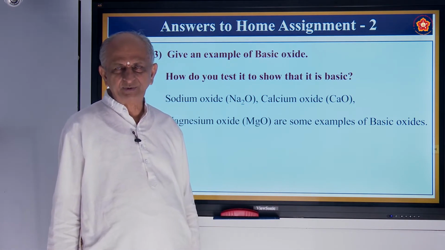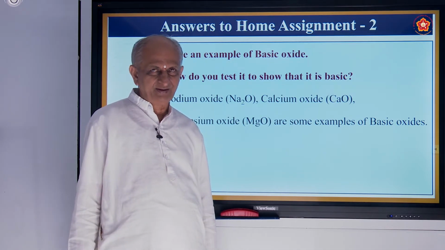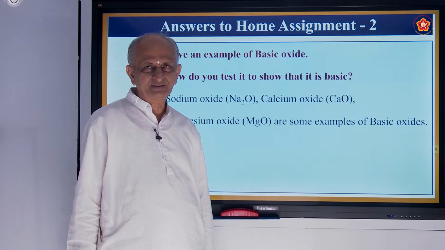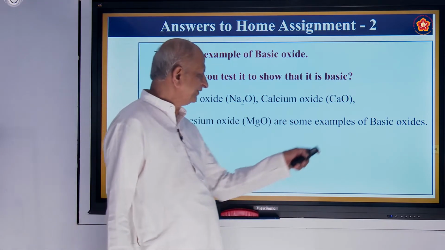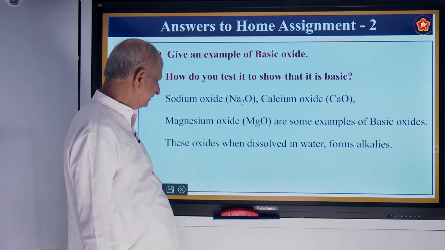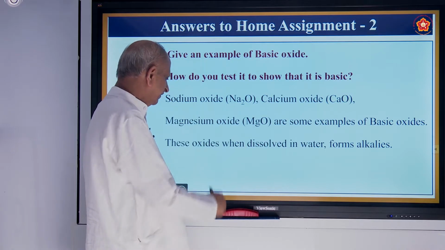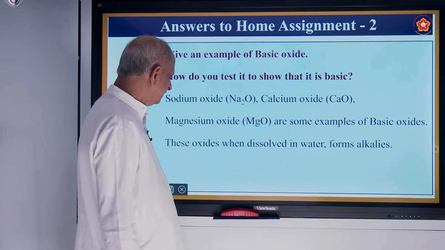When non-metals react with oxygen, they form acidic oxides. Why are they called acidic? Because when they dissolve in water, they form acids. Similarly, basic oxides are called basic because when dissolved in water, they form alkalis.